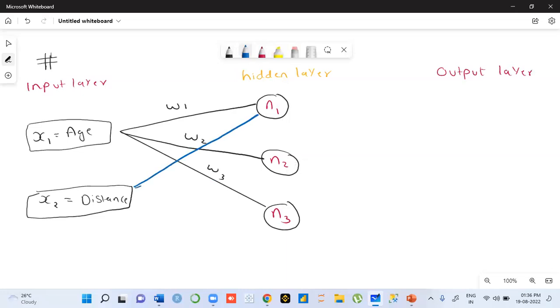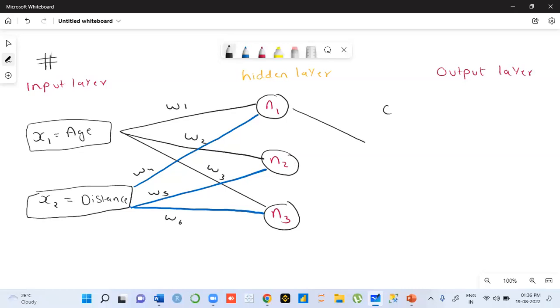Neuron. This is called as weight 4 and right over here. Weight 4, weight 5, weight 6. How many weights I have taken, guys? 6 weight. Clear? Now this hidden layer will go somewhere.